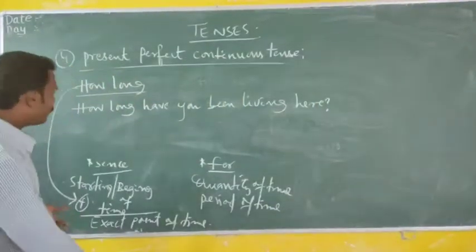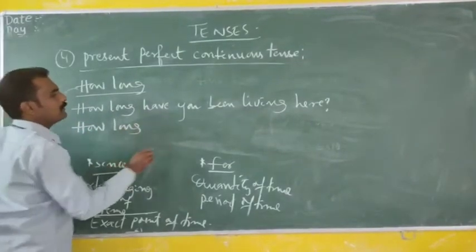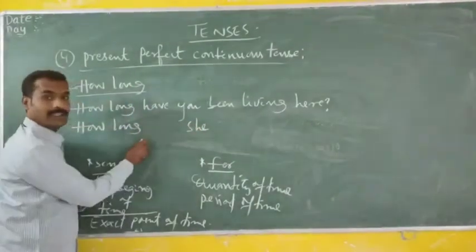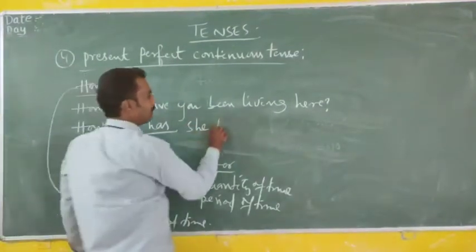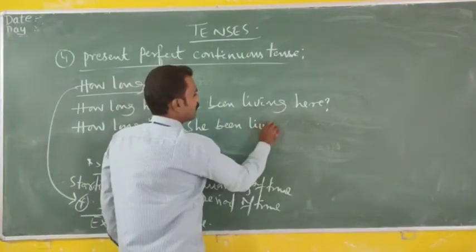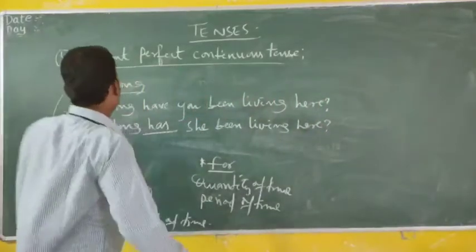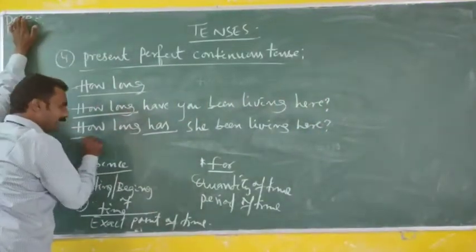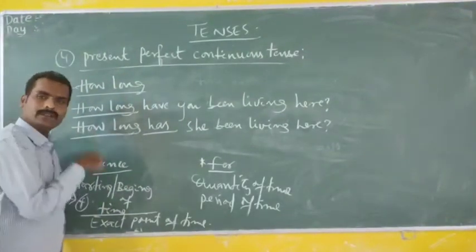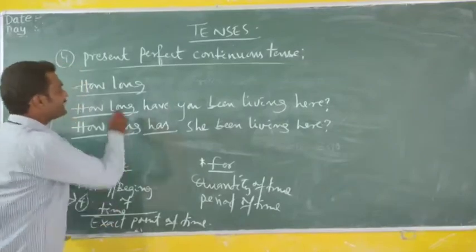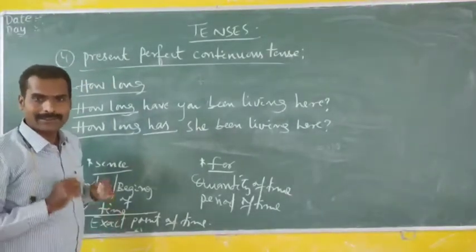Or, if she comes here, has: how long has she been living here? So how long is also a clue word in this tense to ask questions. So this is about the present perfect continuous tense.